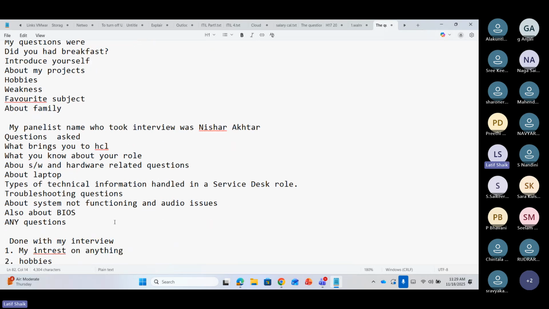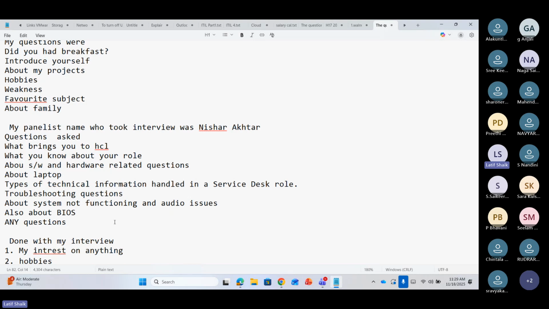Any questions also about BIOS? What is BIOS? Basic Input Output System. It is firmware. BIOS is a program inside your ROM chip. This BIOS helps your system perform POST operation during system boot, after you power on your system: Power On Self Test.